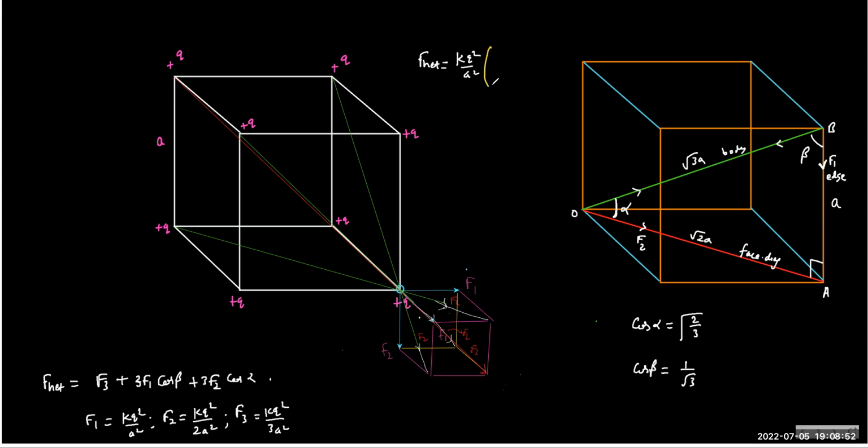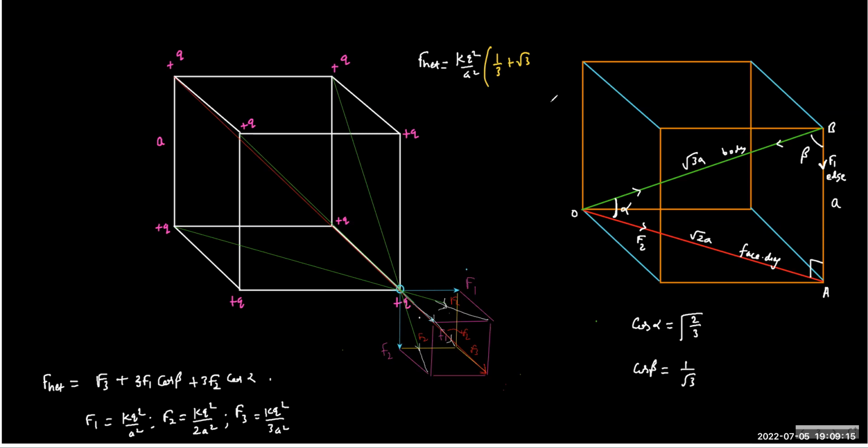Okay, F3, F1, F3 is how much? F1 by 3. 3 cos beta by F1. That's it. 3 F2 cos alpha.